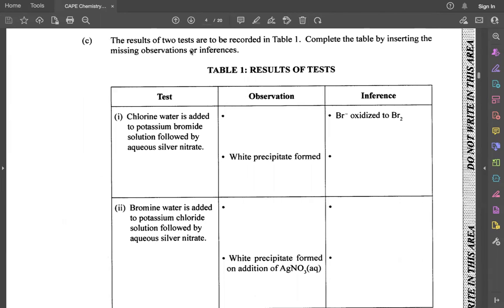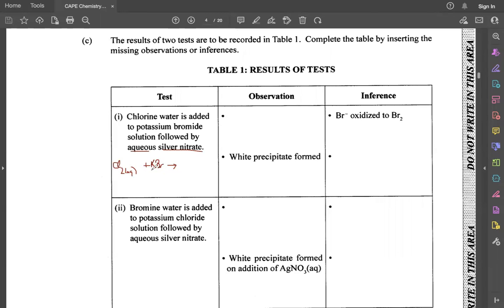They're saying that chlorine water, so that's Cl2 aqueous, is added to potassium bromide, KBr, and then whatever we get from that, we're then gonna add aqueous silver nitrate to it. So let's write what happens when chlorine water is added to KBr.